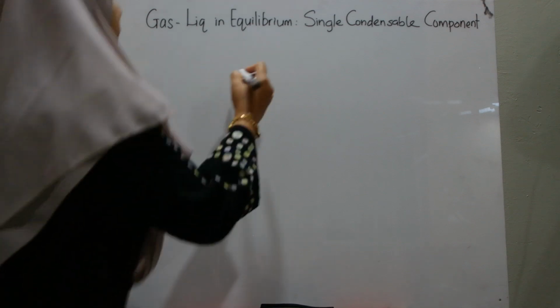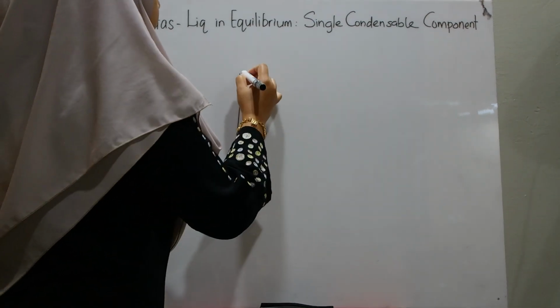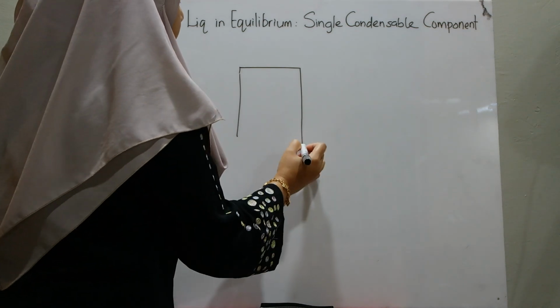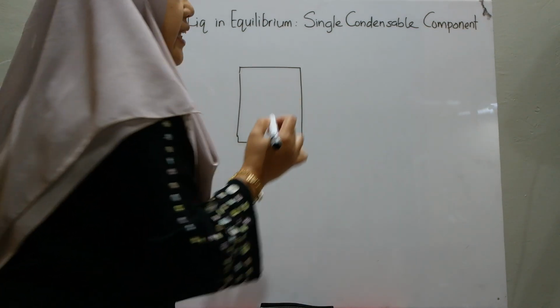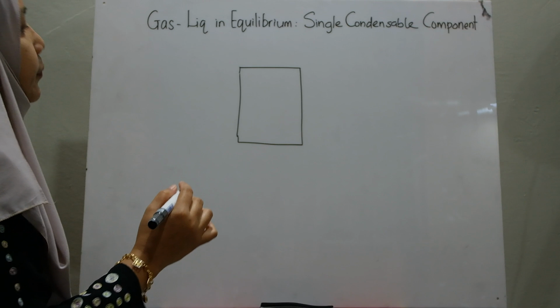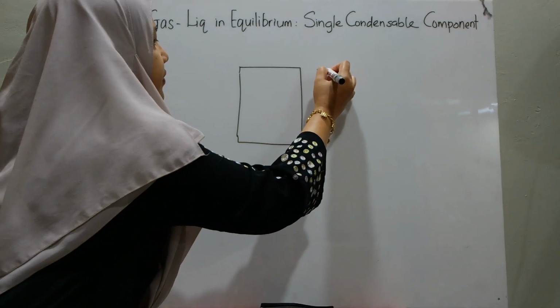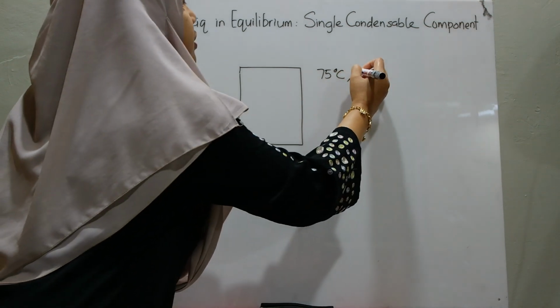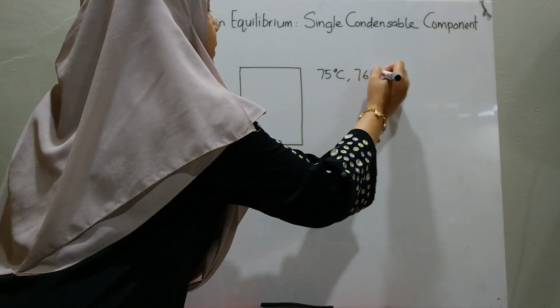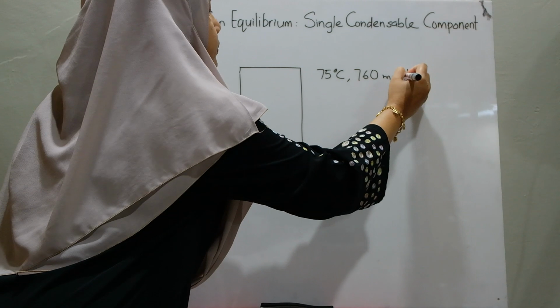Let's say you have a closed container which initially only contains dry air. This system is initially at 75 degrees C and pressure at 700 millimeter mercury or 1 atm.